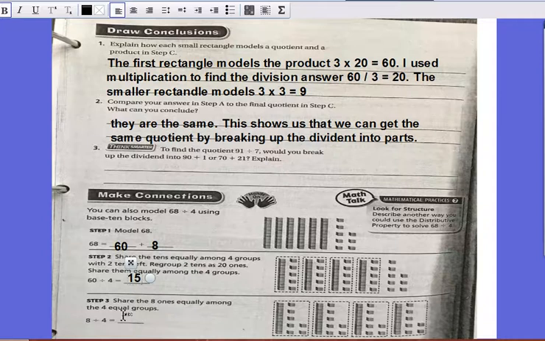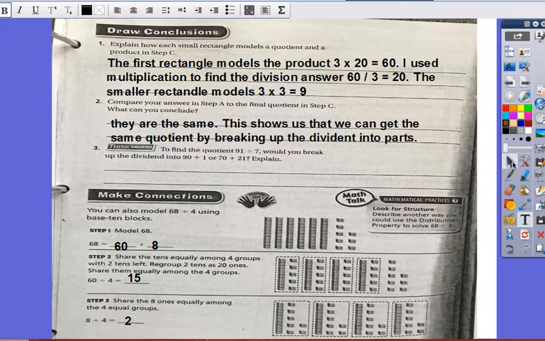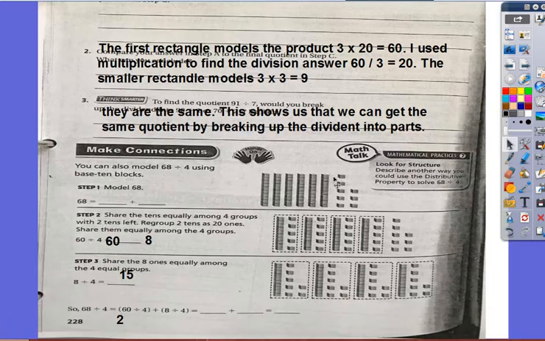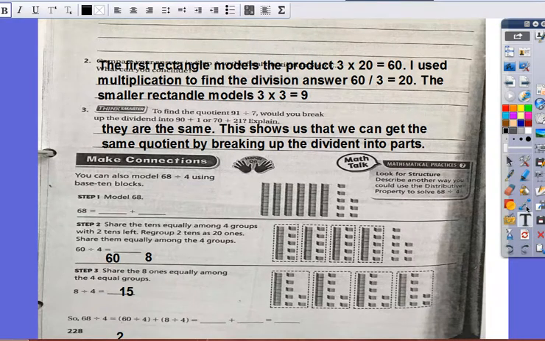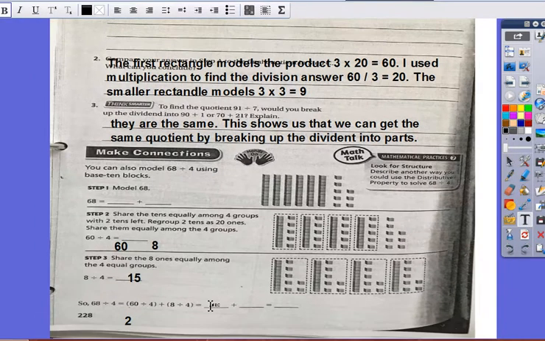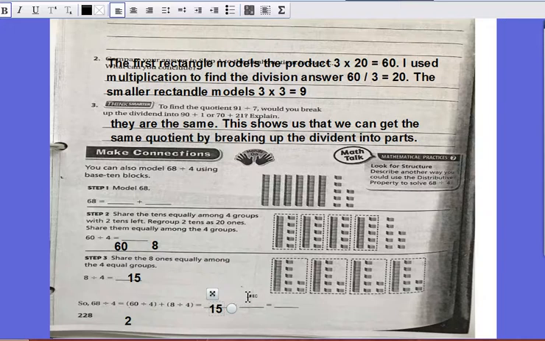Then the last step: share the 8 ones equally among the 4 groups. So 8 divided by 4 is 2. So 68 divided by 4, you can go 60 divided by 4, which is 15, and then 8 divided by 4 is 2, plus 2 equals 17.